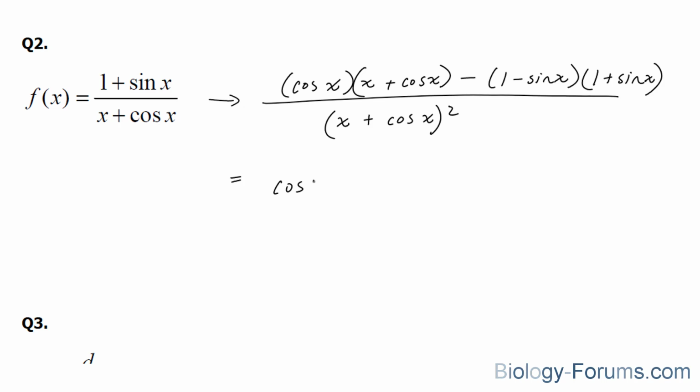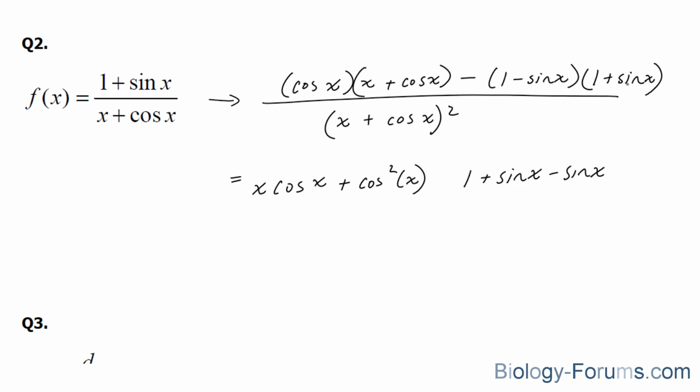Cosine x times x. Cosine x times cosine x is equal to cosine squared x. And then we're going to multiply all this out. 1 times 1, 1 times sine x. This times that.